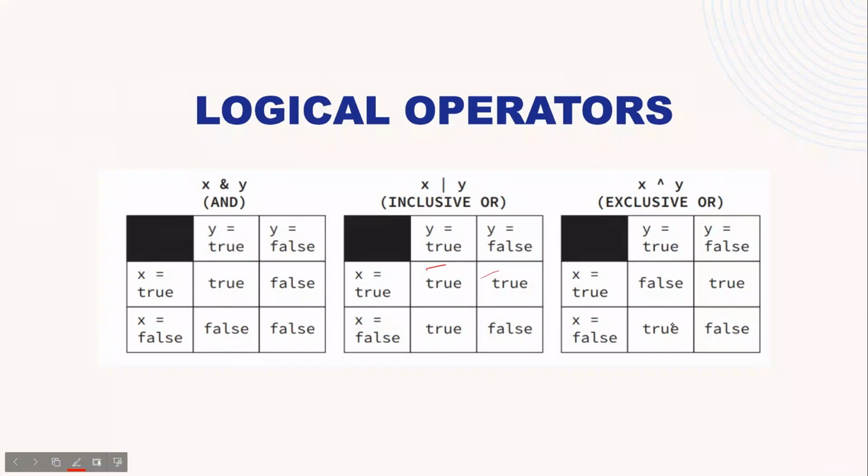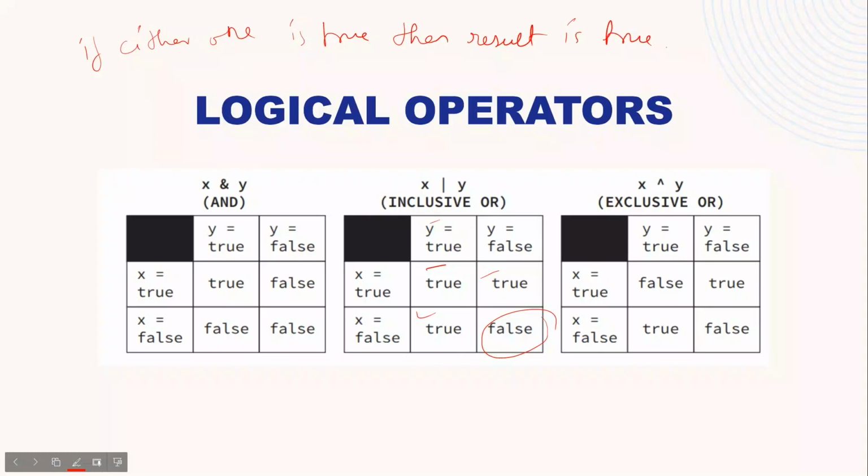In this case, Y is true, so we get the result as true. In this case, both are false, then we get a false. So in the case of OR, if either one is true, then the result is true. That is the case of OR.